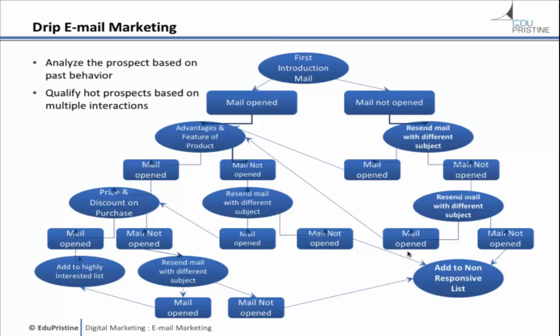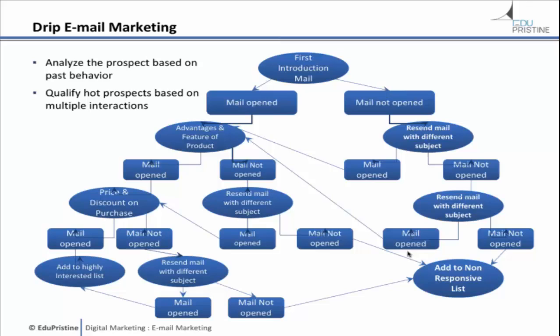Okay. So on the other hand, if the mail is opened, you talk about the advantages and features of the product. Now again, mail not opened, I'll try to resend the mail with a different subject. If it's still not working, then it goes to the non-responsive list. But if it is opened, you talk about the price and discounts on purchase. Again, mail is opened, add to the highly interested list, and then start running campaigns there.